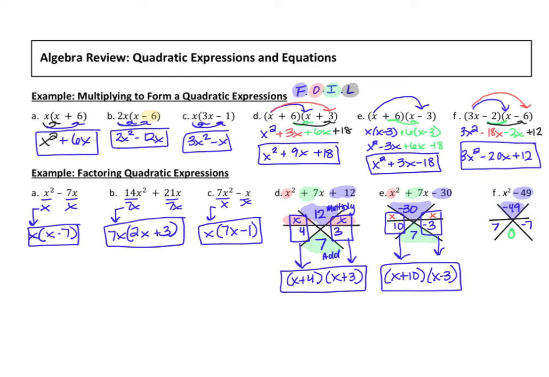Then we're going to draw our line and put our x squared term on top and write our binomials. So this one is going to give me x plus 7, and this one is going to give me x minus 7.